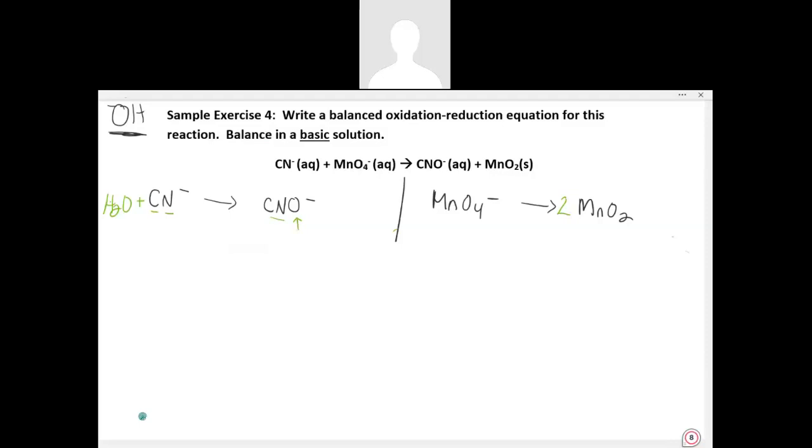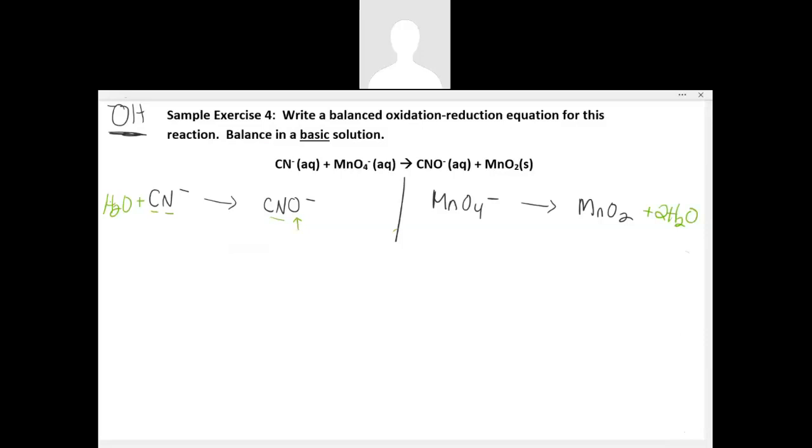Oh, I'm sorry, we don't need to do that. I apologize, our manganese is already balanced, so we just need to jump right to the oxygen here. So we'll add 2 water molecules, and now we're balanced.